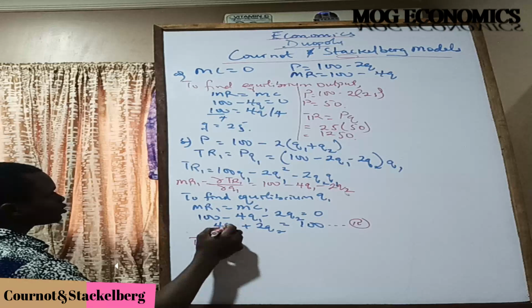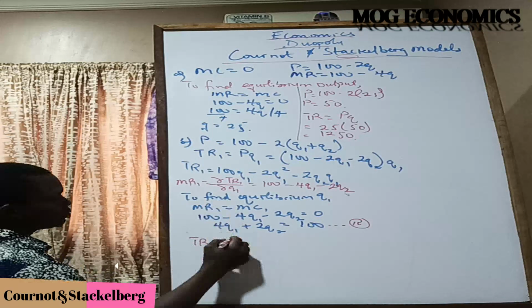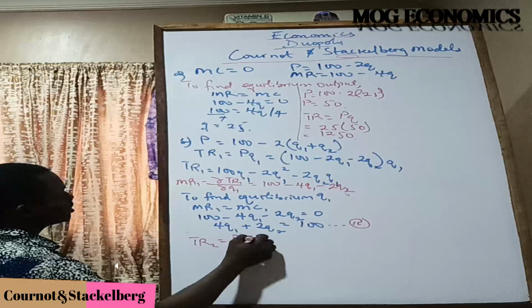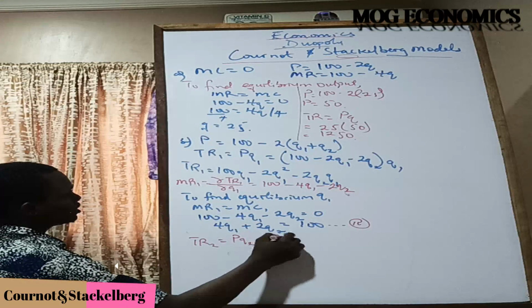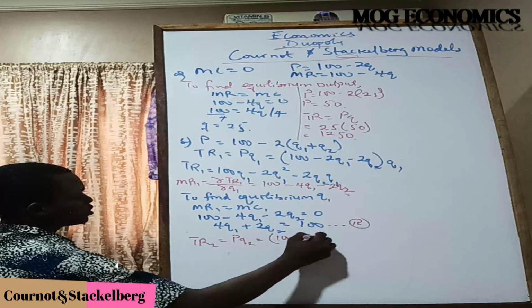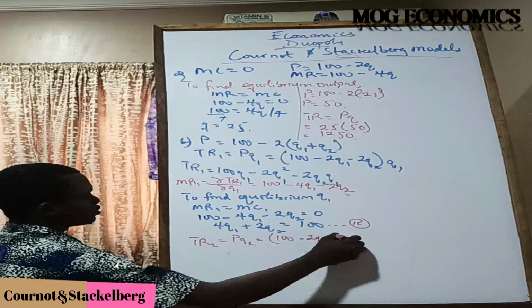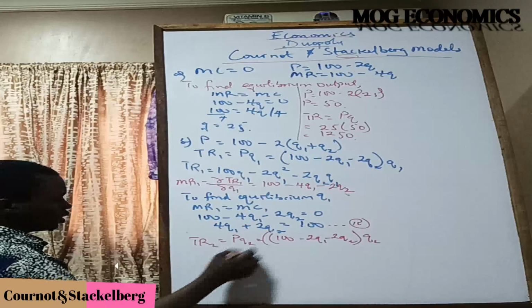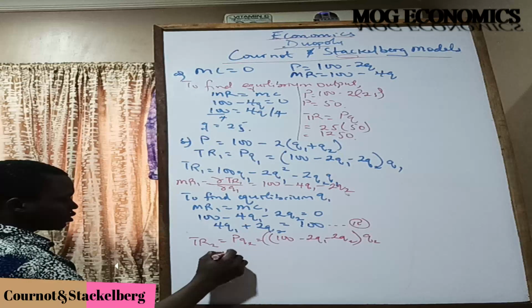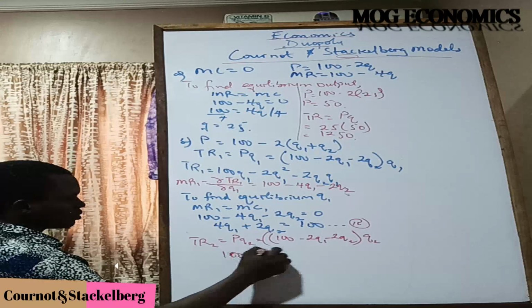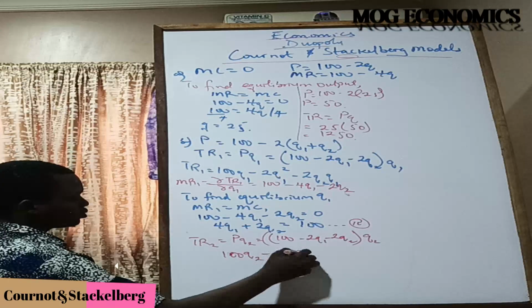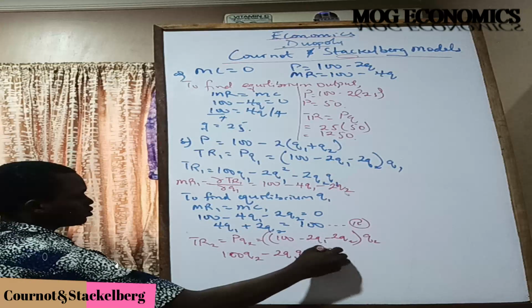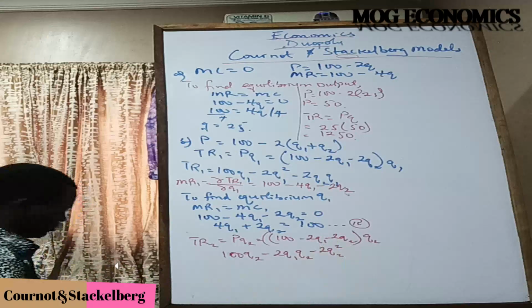TR2 is going to be equal to P Q2, which is 100 minus 2Q1 minus 2Q2, multiplied by Q2. So this gives me 100Q2 minus 2Q1Q2 minus 2Q2 squared.